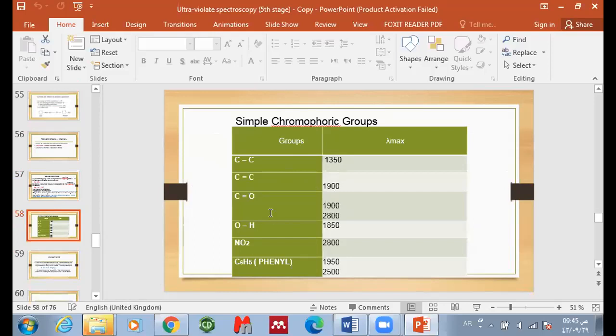Carbonyl in aldehyde or in ketone, it has 2 maximum absorbances. Hydroxyl 1850. Nitro 2800. And phenyl 2 absorbances. This means we can see 2 peaks, 2 for phenyl and 2 for carbonyl group in the UV visible.